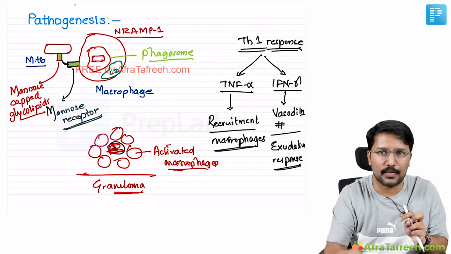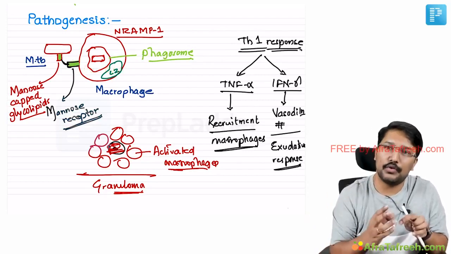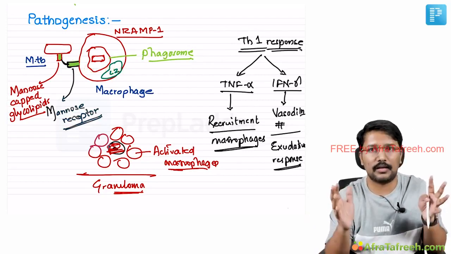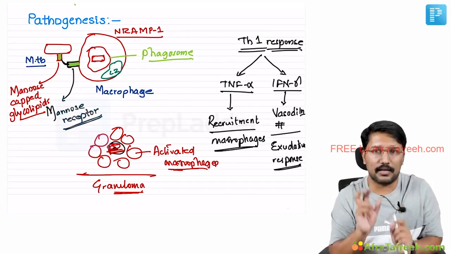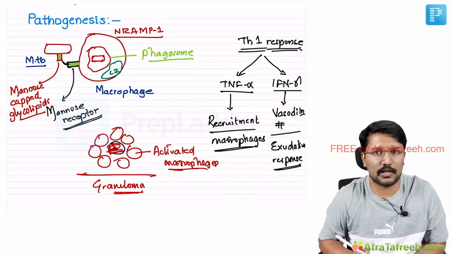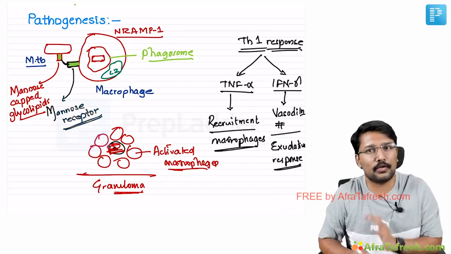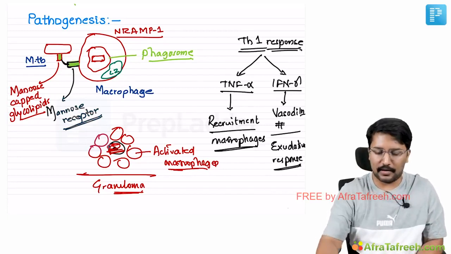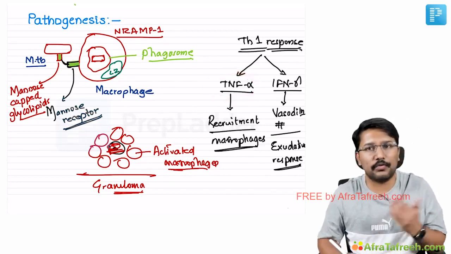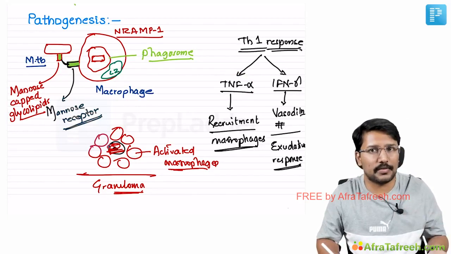So once these macrophages die, there is a need for recruitment of more macrophages, so that the infection is restricted geographically to this particular region. So how are these new macrophages recruited? For that recruitment, we need this TNF alpha. So where will the TNF alpha come from? From the Th1 cells, right?